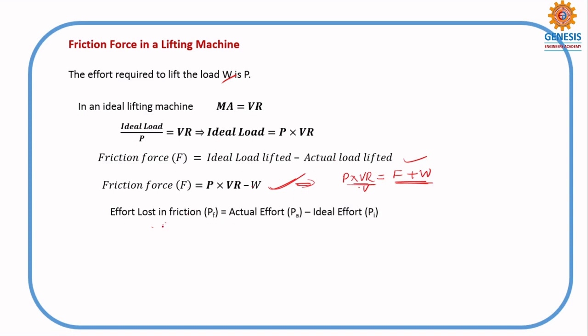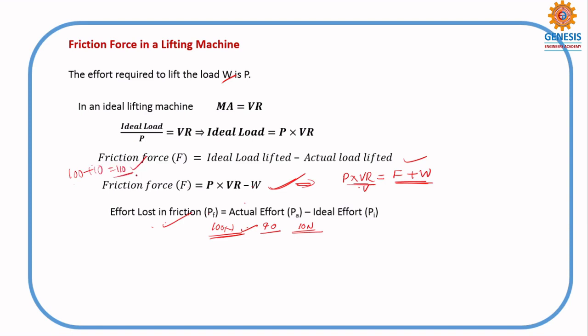So what is the effort lost? If you apply, suppose, 100 newtons, the same is not going to apply because of the friction. Actually you are applying 100, but because of the friction, your effort may be 90. Then there is a loss of 10 newtons. In weight, suppose it is 100, there is a loss, that is 110.